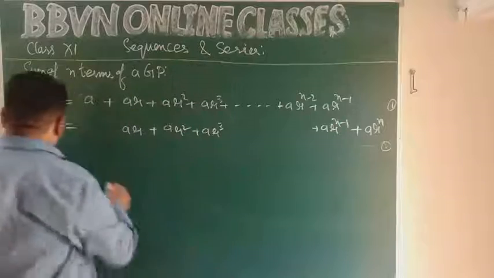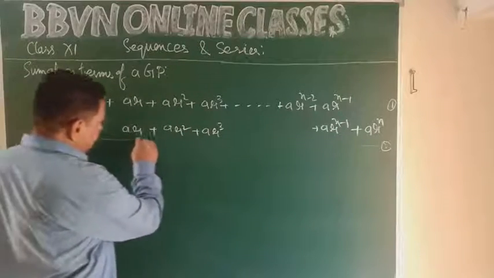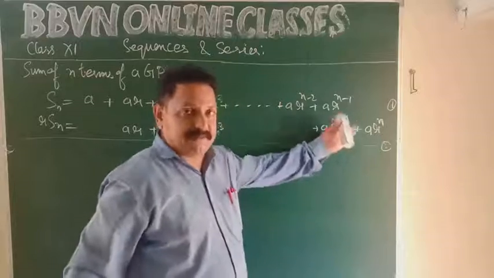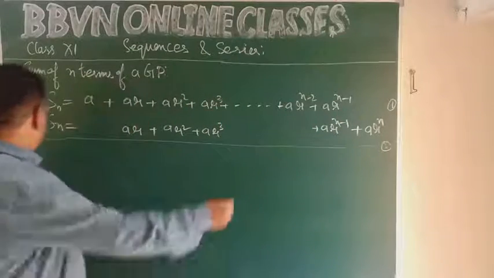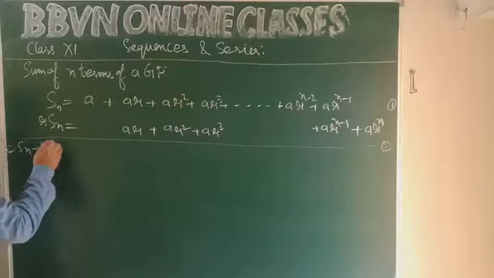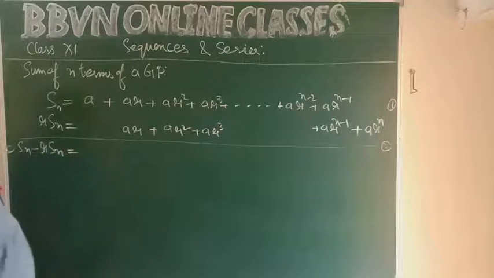Now, a very simple task. Subtract the second equation from the first equation. So on the left side I have Sn minus r times Sn.